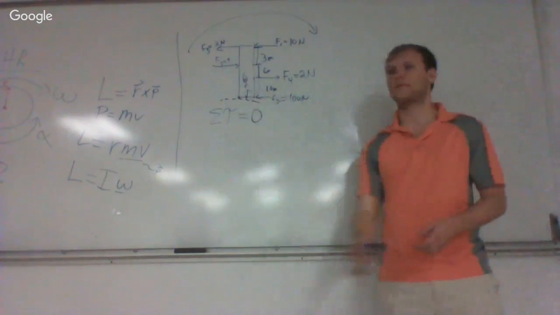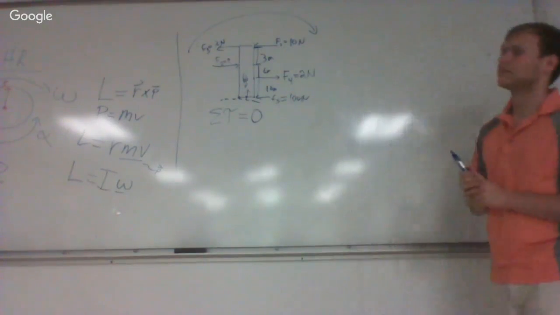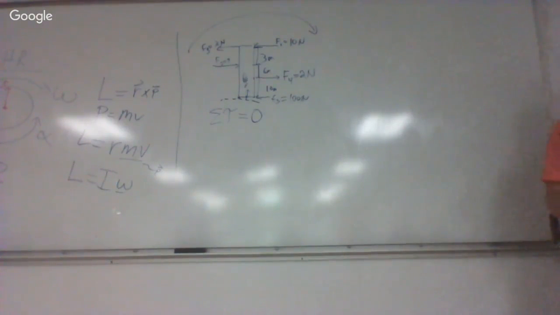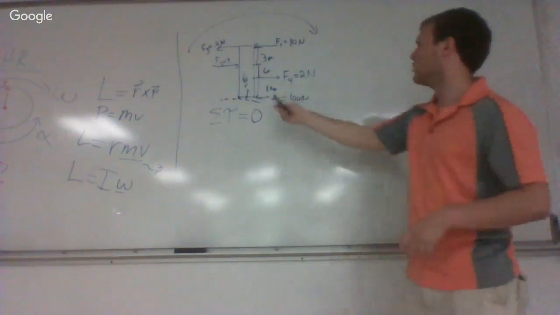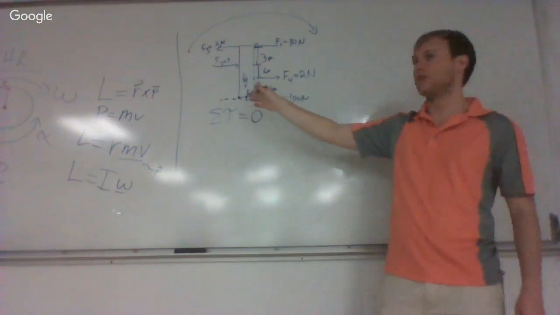How about the center? How many forces do we have to deal with? The frictional force has no distance from the center. The normal force has no distance from the center.